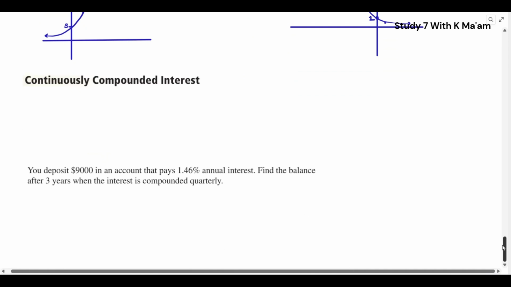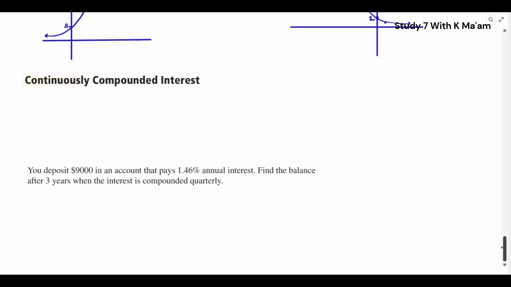Okay, next we have continuously compounding interest. We learned about interest when it is compounded monthly, quarterly, half yearly and annually. Compounded continuously is when it is continuously compounding with time.